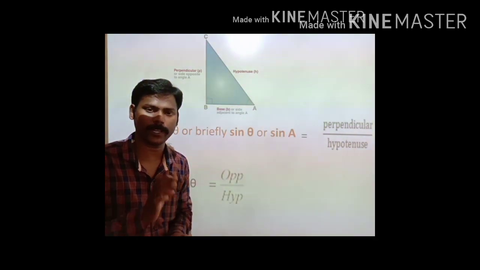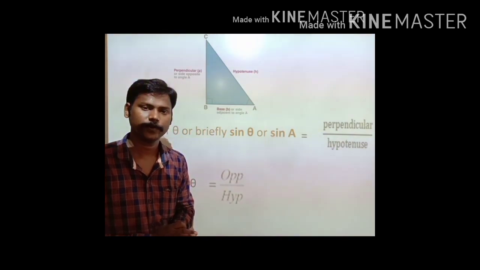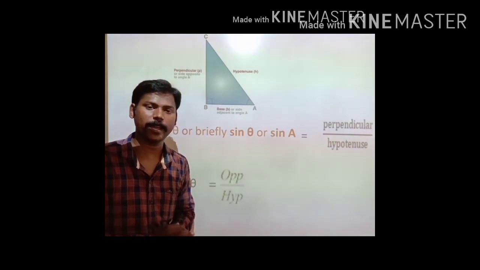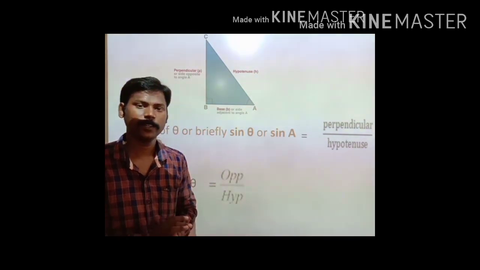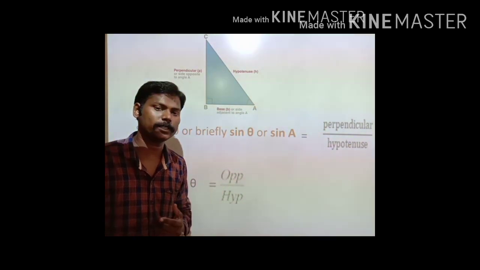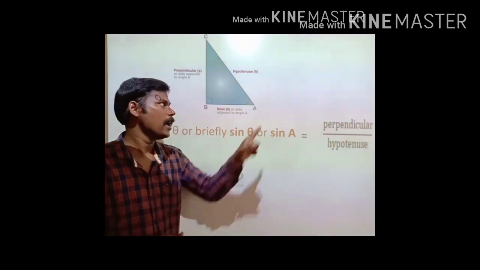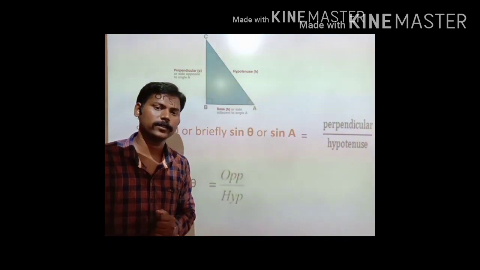The next is called base or adjacent side to the angle. What is the third side, children? Hypotenuse. Are you understanding? Okay.